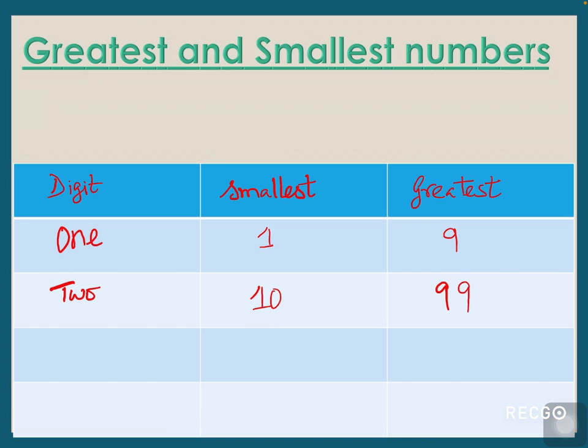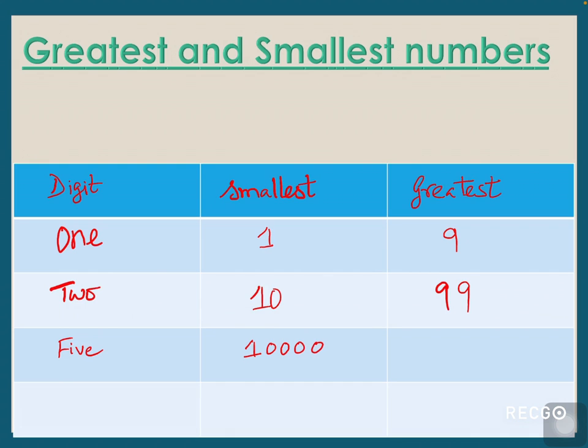So if it is 1 digit, 1 nine, 2 digit number means 2 nines. Similarly, if someone asks you, give me 5 digit greatest number, so you will write 5 nines. Clear? Let's take here, for example, I am writing 5 digit smallest number. So in the smallest number, as I told you, 1 will be there, then remaining 4 will be the zeros.